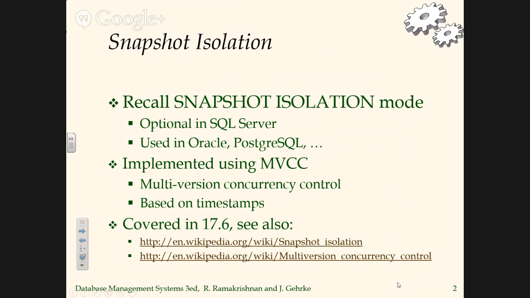This is covered in chapter 17.6, but I would also recommend looking at the Wikipedia entries that I've put there, because they have some fairly good details. Okay, so let's go into timestamp-based concurrency control, and then multi-version concurrency control.